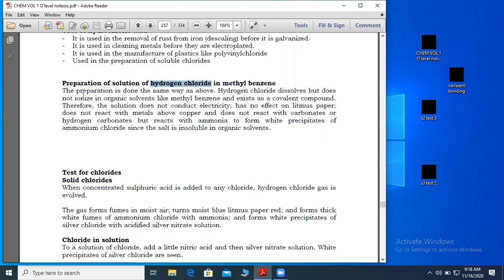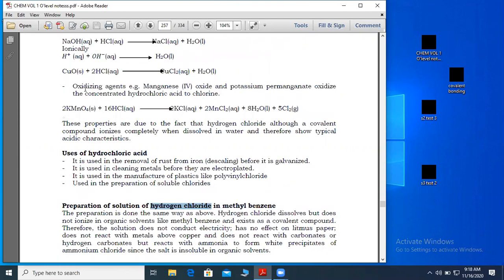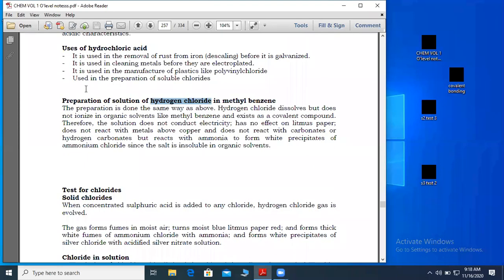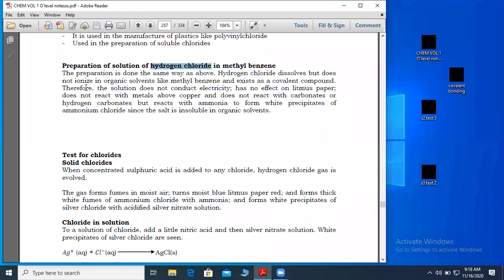It does not form ions. Like in water, hydrogen chloride gas forms hydrochloric acid, which forms hydrogen ions and chloride ions. But in methylbenzene, hydrogen chloride still exists as a covalent compound because it dissolves, but it does not ionize.